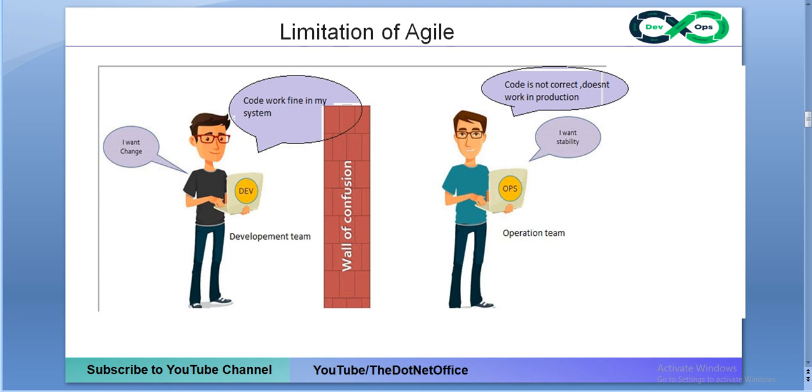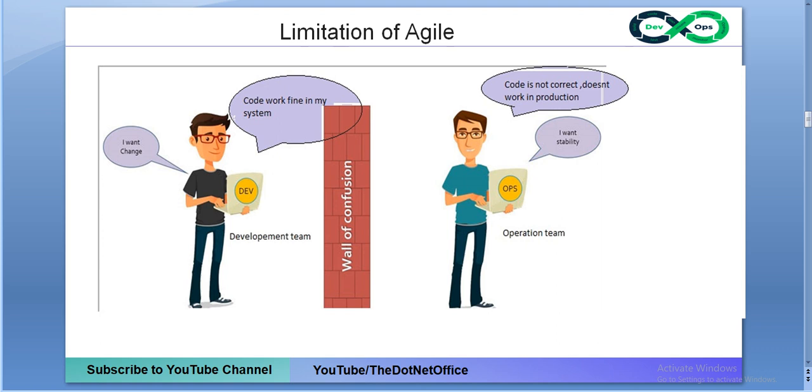As per agile, the dev team looks for agility and operations looks for stability. For example, once the developer starts working on their system, the code works fine and the changes look good.